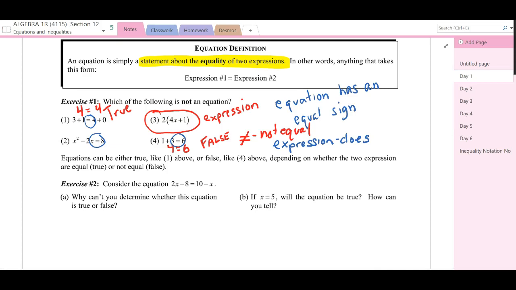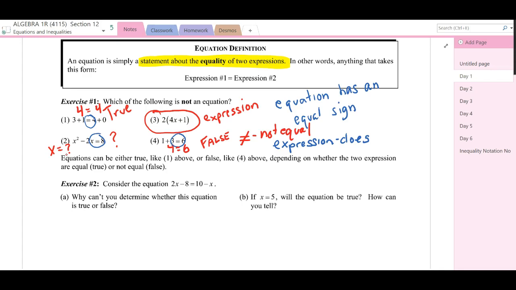Choice 2, we don't know if this is true or false because we don't know what x is. x is an unknown. If you told me x was 2, we could tell that it's false. If x was a different number, we could tell whether it's true or false, and that's something we're going to look at very quickly.